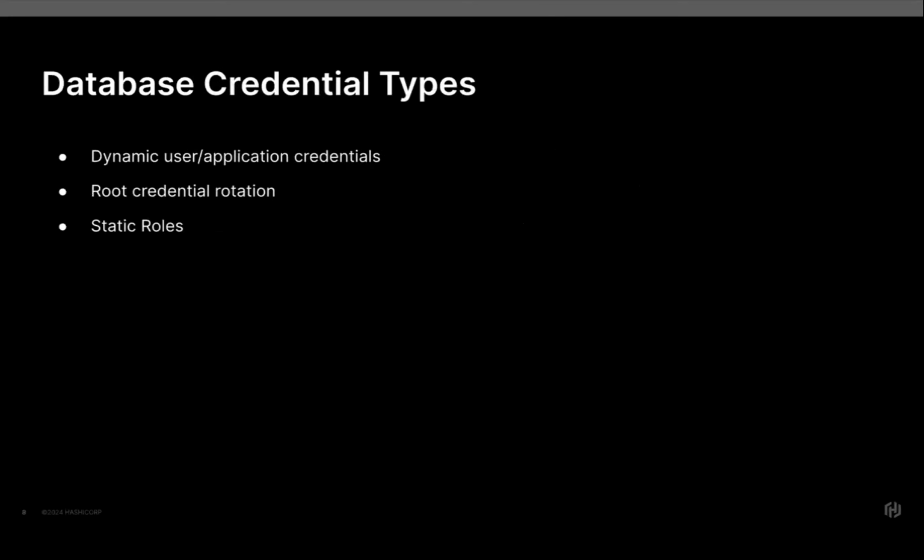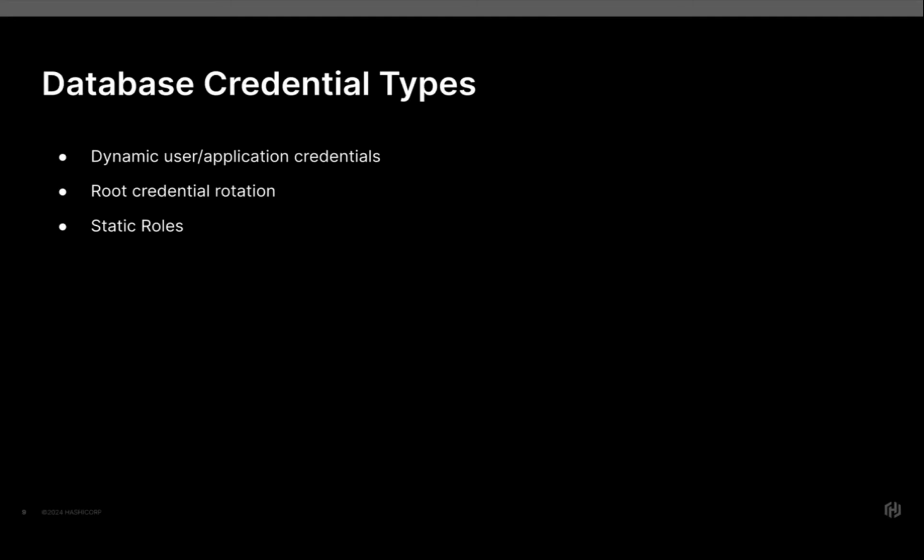So for the database credential type, basically there are 3 types, right? The first thing is, I would say, dynamic, meaning Vault is going to generate the credentials, so username and password, based on the database role you're going to configure inside Vault. I'm going to give you some examples after that.